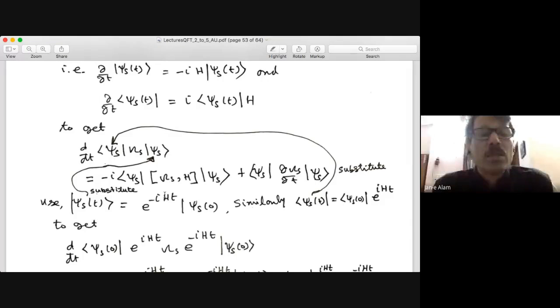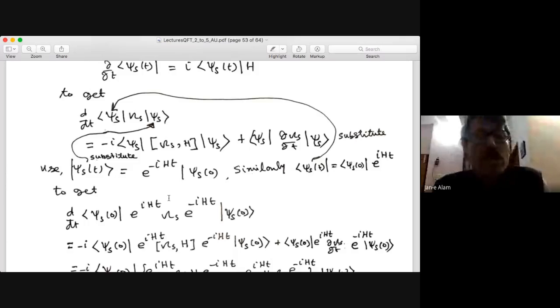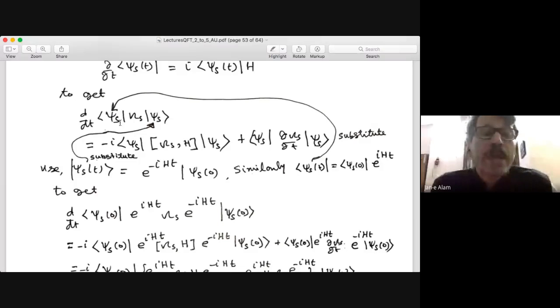Now what I want to do is take away the time dependence from the state, right? So this psi s I can write as psi s of t, a function of t, as e to the minus i h t psi s of 0. So essentially what I am doing is taking away the time dependence from the state side.